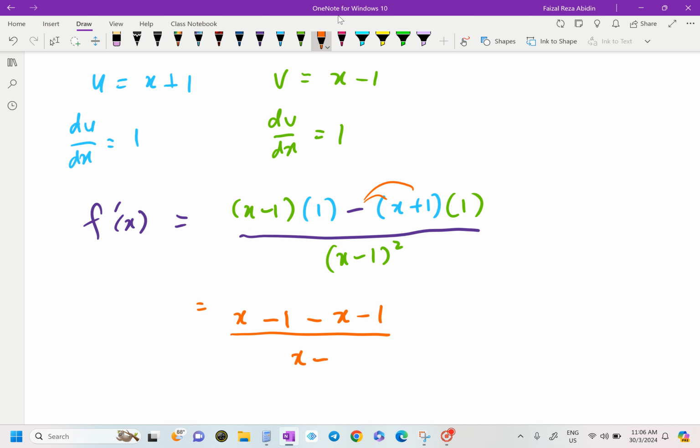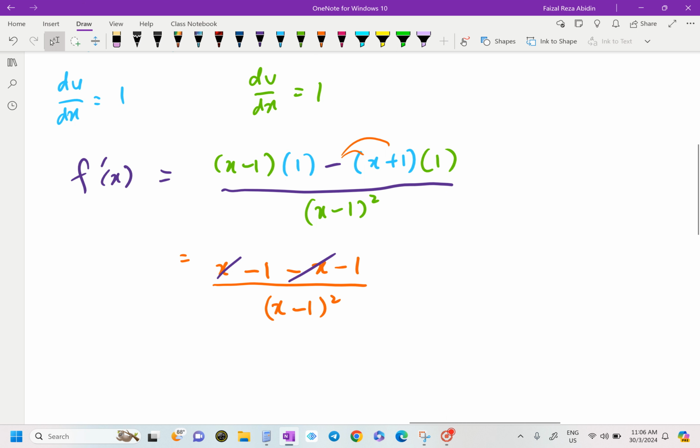Over x minus 1 squared. This one simplifies down, negative 1 minus 1 is going to be negative 2. So for our first differentiation over here, I'm going to get negative 2 over x minus 1 squared.